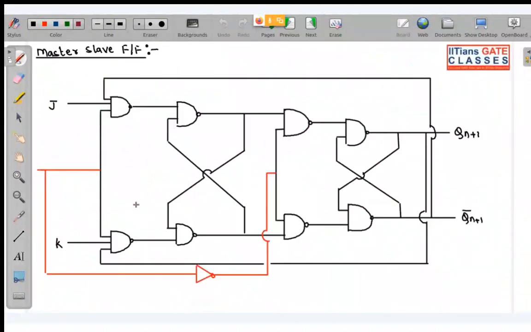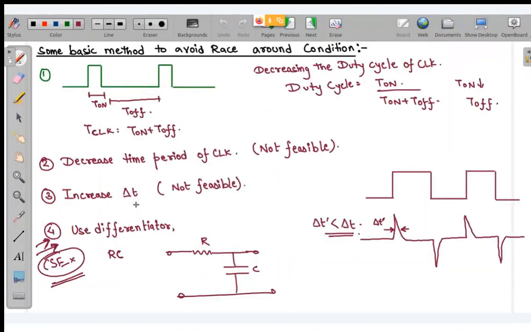So basically all these methods are not feasible. Why? Because either we are changing or manipulating the clock, or we are manipulating the circuit, adding something in the circuit, or increasing the propagation delay, which is a negative thing in a circuit.